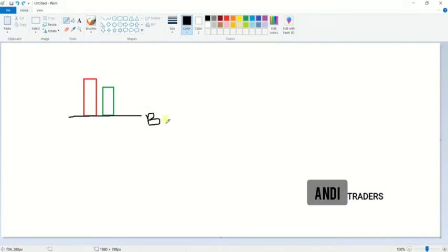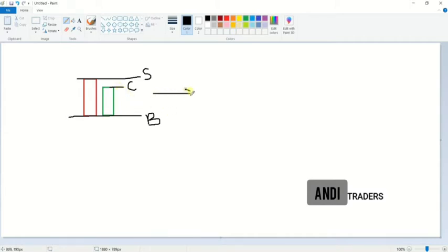And where is the sellers entry point? The sellers are here, right? This is the sellers entry point, and this candle closed here. This is the closing point of this candle.